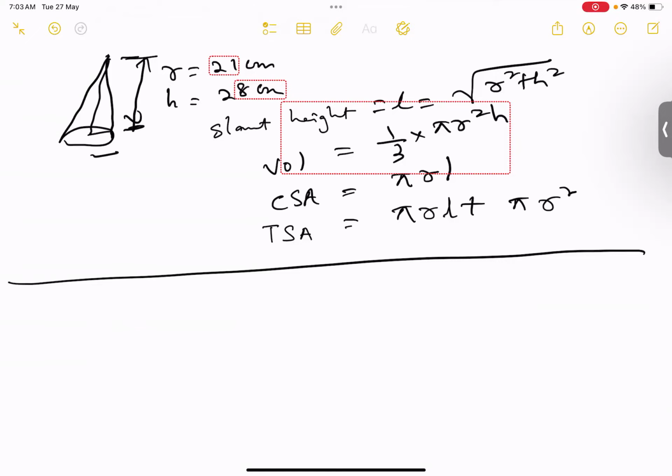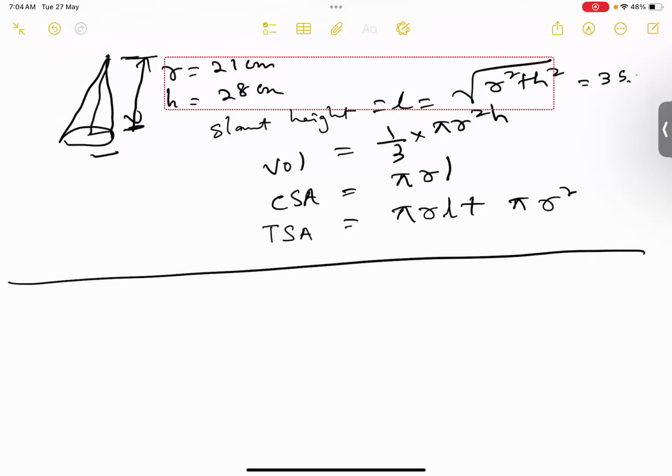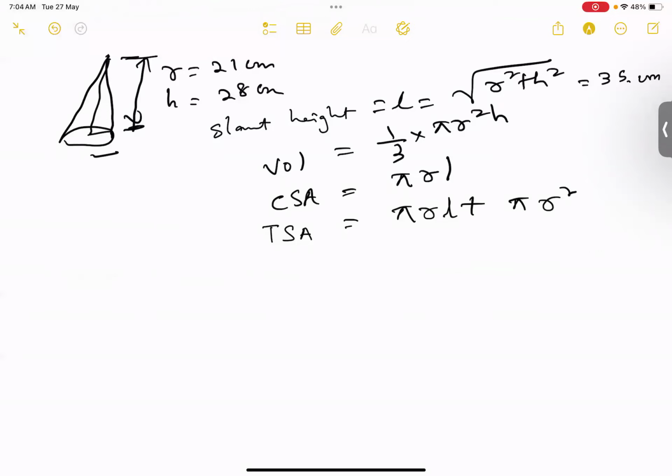What is the value of slant height that you get? 35, okay. 35 centimeter. Volume? So volume is a big number. You get something around 12936 centimeter cube.